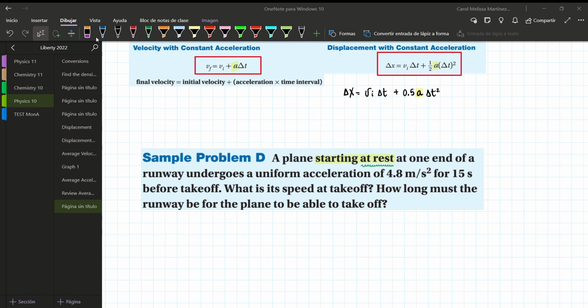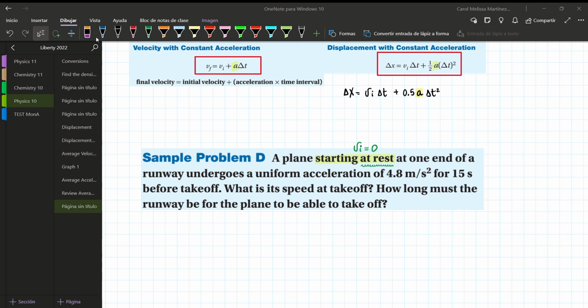At rest. How is the plane? Moving or not? It's not moving. So we say that starting, initial, and at rest, we're talking about its motion. So the velocity is going to be 0 at this point.